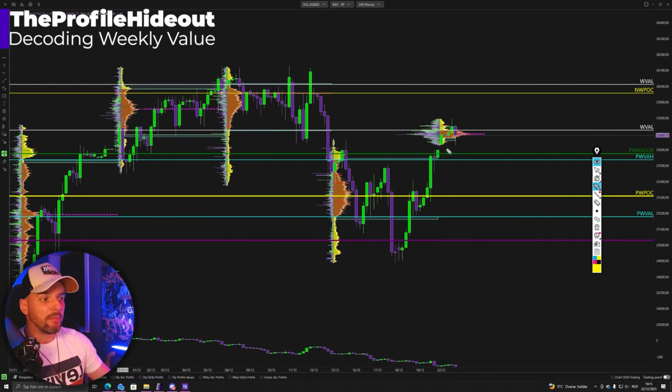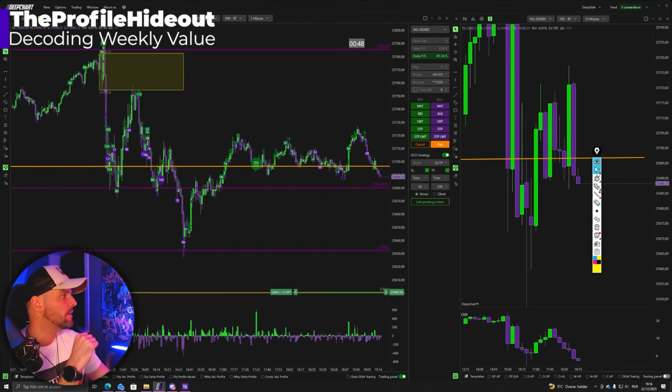The move up was getting really obvious here, but I was using the value levels from the week before as a line in the sand, if that makes sense. So if price trades inside of this range, I want to see it hold, and as long as it trades inside of this range, I want to be looking for trades towards the upside on a higher time frame. So that was something I was looking at on the higher time frame.